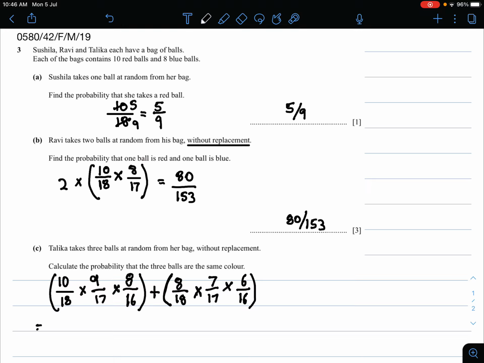Therefore now we just have to simplify. So we can cancel the 9 and the 18, because 9 2s are 18, and the 2 and the 5, because 5 2s are 10.